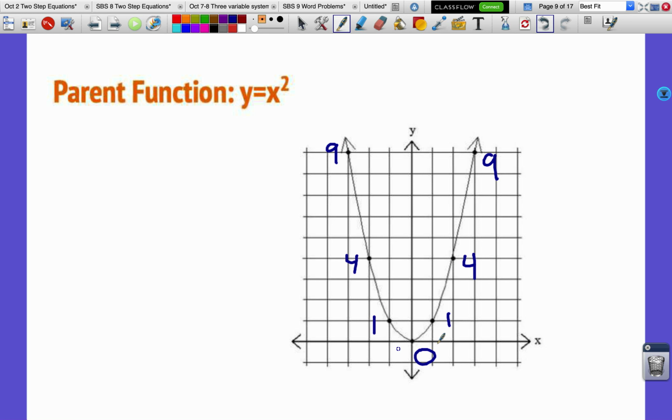So sometimes 1, 4, 9 is enough to memorize to get enough of the graph that it either goes off the graph or we've got its general shape. So basically what I'm saying is memorize your perfect squares.